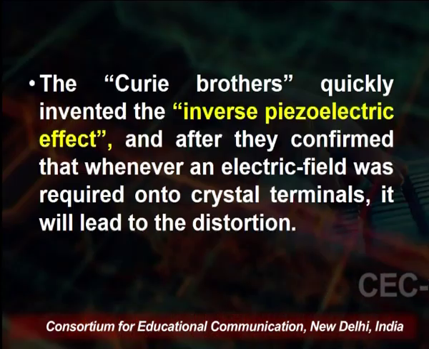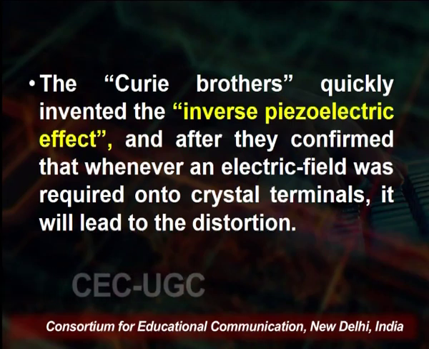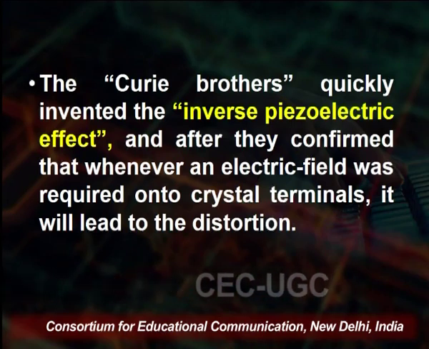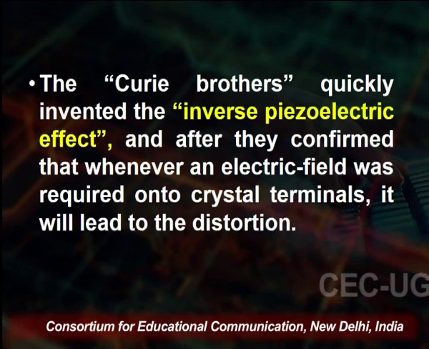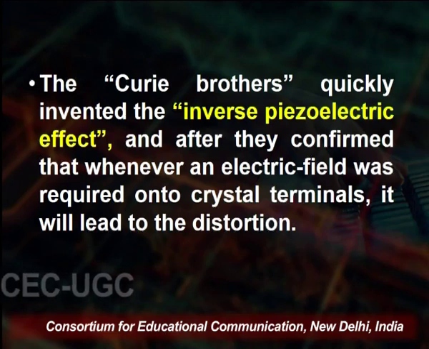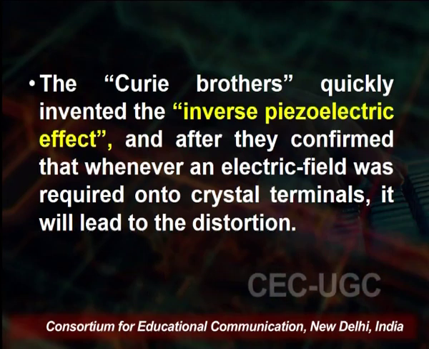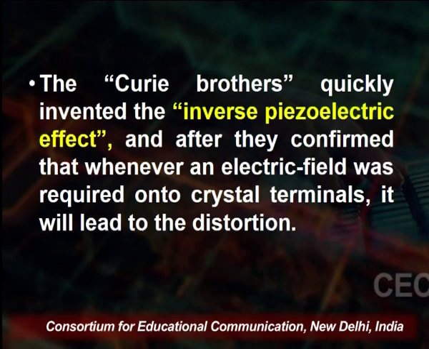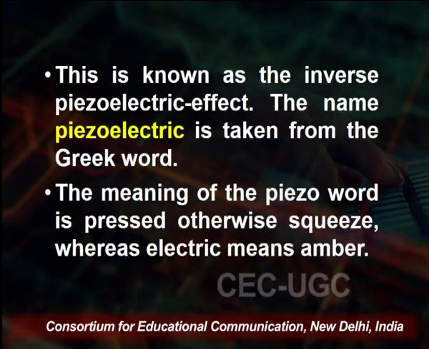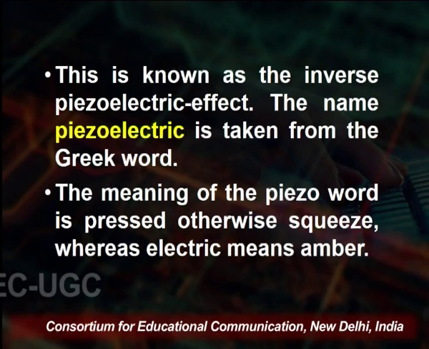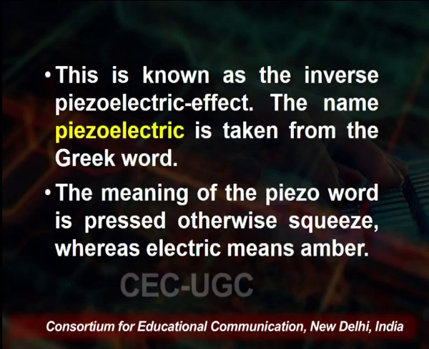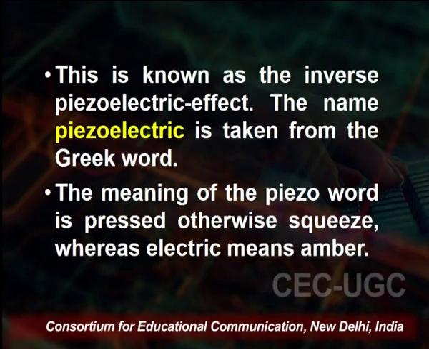The Curie brothers quickly discovered the inverse piezoelectric effect after they confirmed that whenever an electric field was applied across the crystal terminals, it would lead to distortion. It means it also works inversely. So this is the inverse piezoelectric effect, and the name piezoelectric was taken from the Greek word.